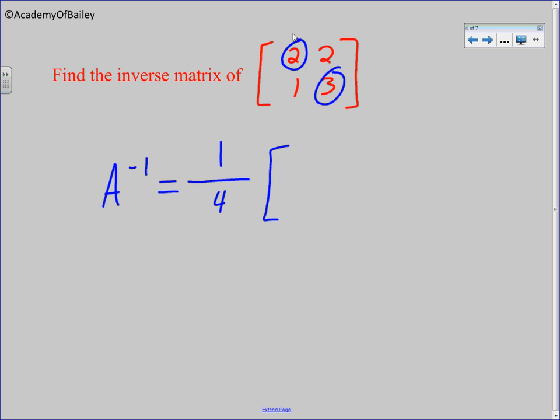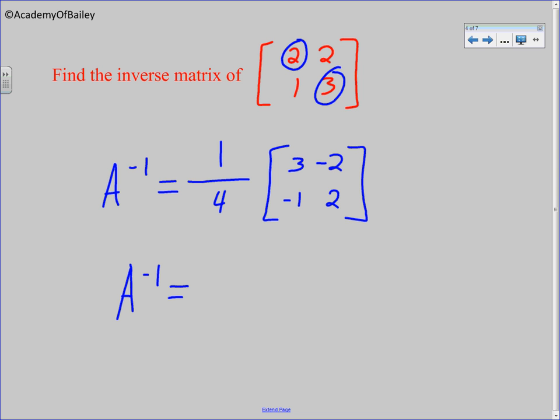And so now, this matrix that we're looking at, the two that I've circled up there, they trade positions, and then the two that are left over become opposites. And so that's where we're at. Next step is to do the scalar multiplication.